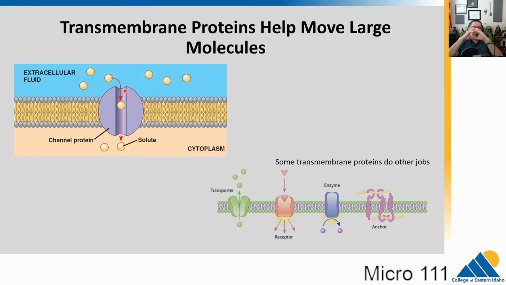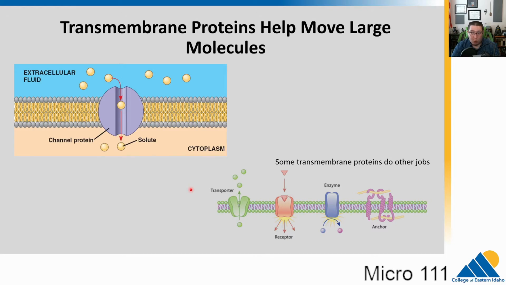They're basically like little tunnels that form through the membrane, and they will allow things to move through. There's some that do other jobs, but a lot of them are transporters. We have some that just operate by diffusion. We call those passive. And there are some that are like pumps. Those are active transporters.